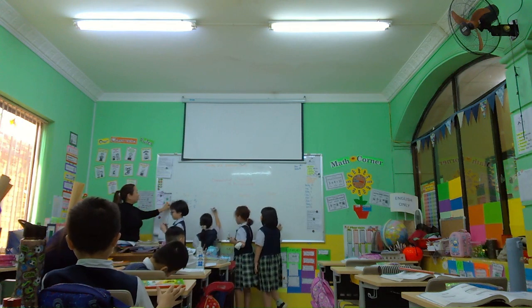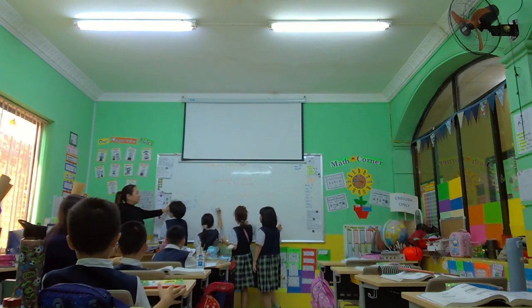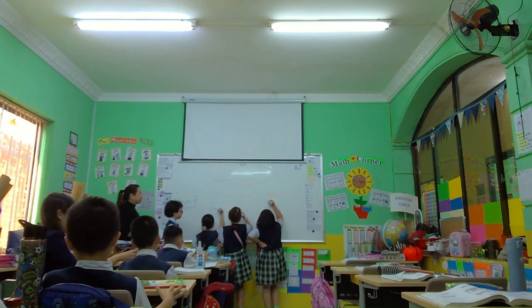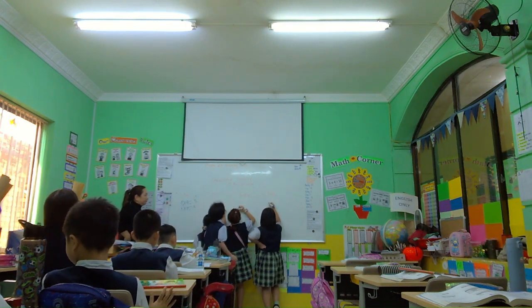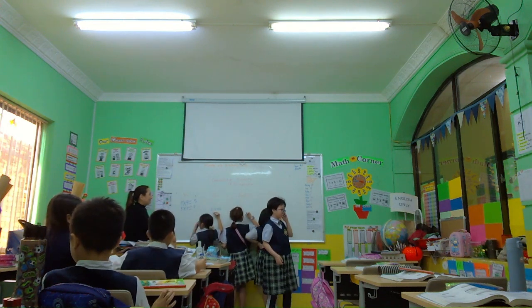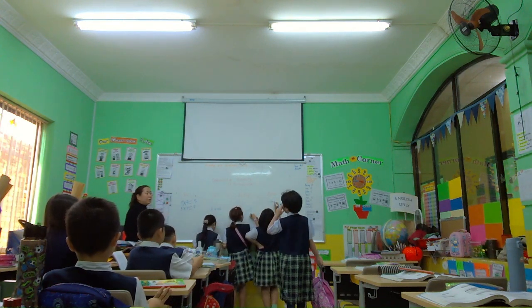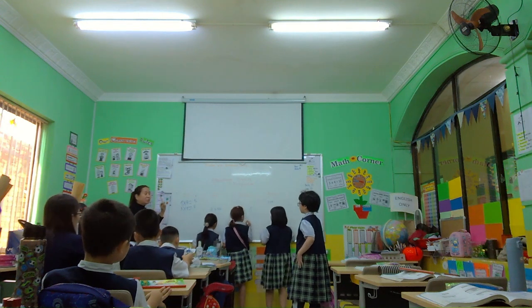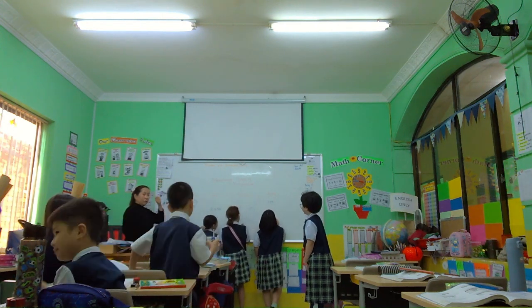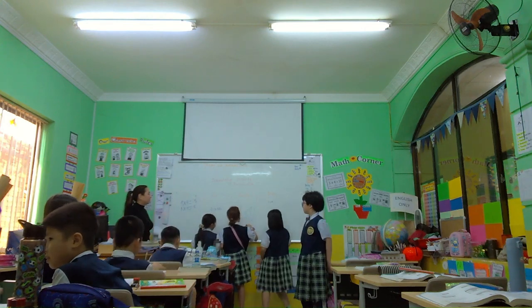Okay, so are you sure about your answer? Okay, thank you. Can you please sit down? You are not going to copy the answer on the board that I have shown earlier, but you're going to think of your own answer.